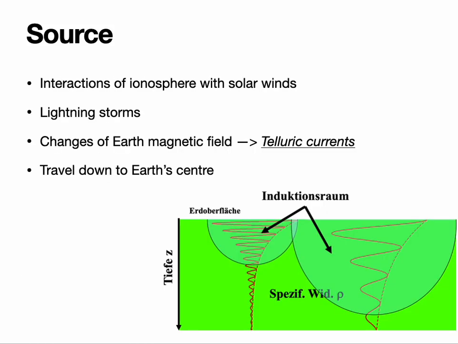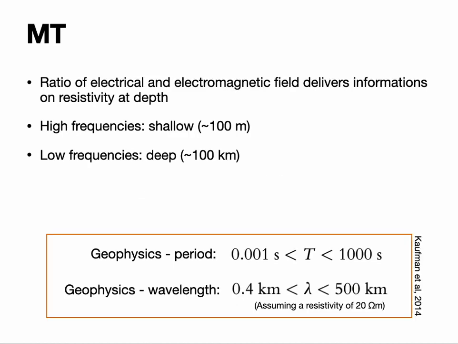So the interaction of the ionosphere with solar winds and lightning storms triggers temporal variations of the Earth's magnetic field, and this triggers telluric currents. Telluric currents are basically electromagnetic waves that travel down into the Earth towards the center.